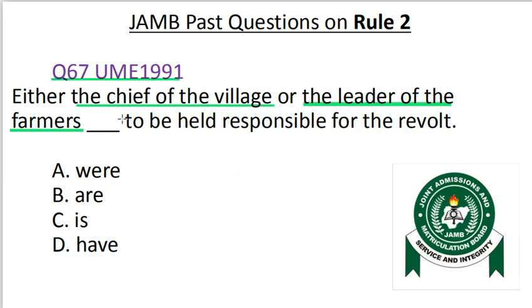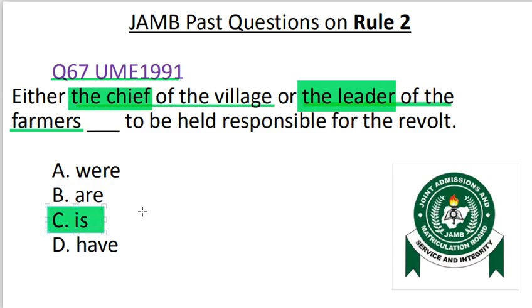Either the chief of the village, a singular subject, or the leader of the farmers, also a singular subject. Both of the subjects are singular. Whatever the sentence means, it means that only one of them will be held responsible. So which one agrees with singular? It is option C. Either the chief of the village or the leader of the farmers is to be held responsible for the revolt.